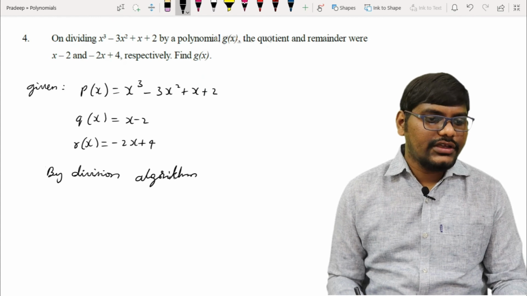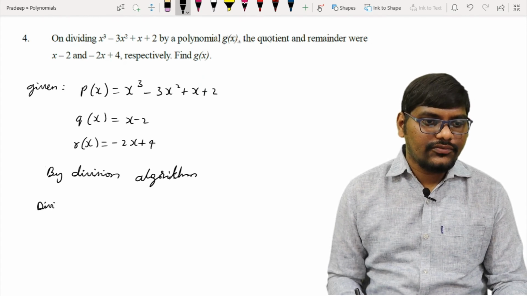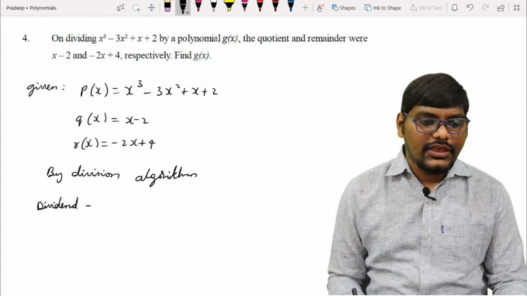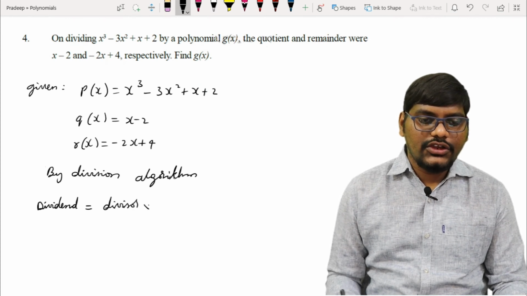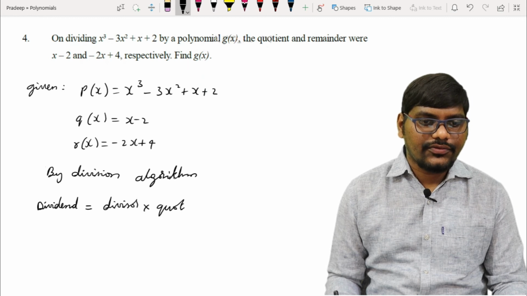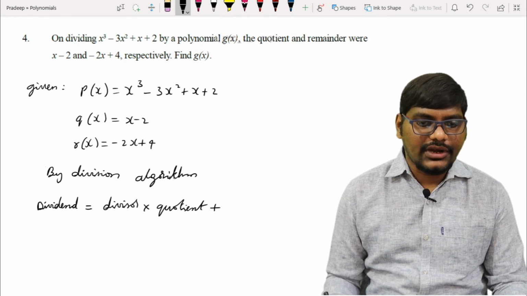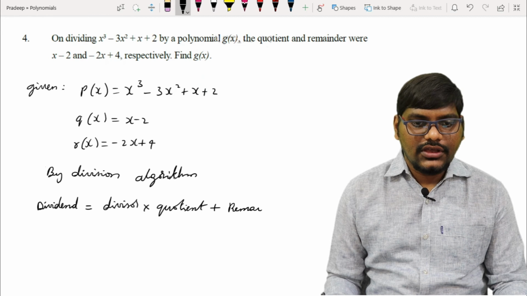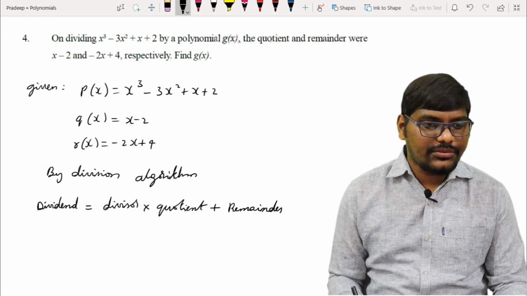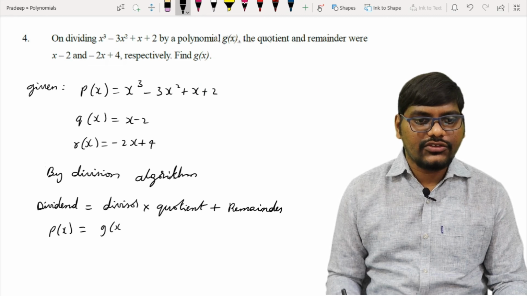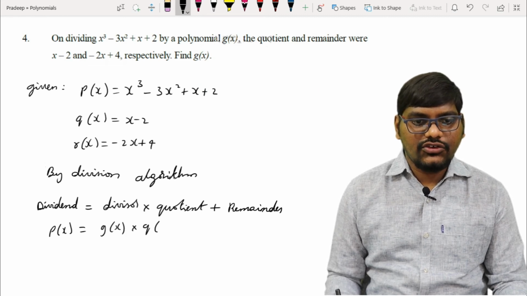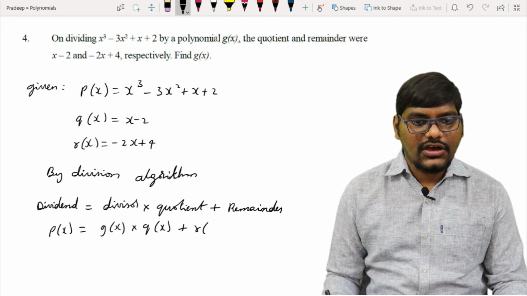By the division algorithm, we can write dividend equal to divisor into quotient plus remainder, right? Nothing but we can write this as p of x equal to g of x into q of x plus r of x.